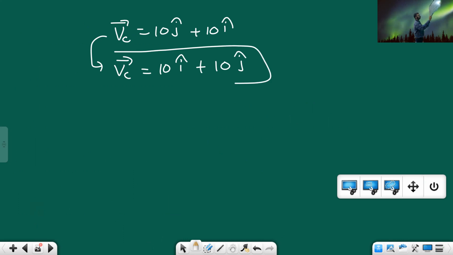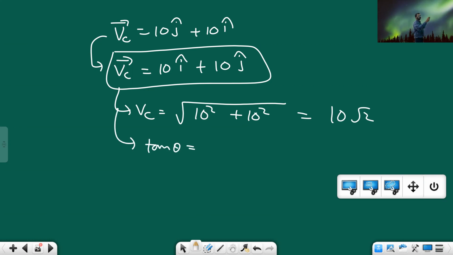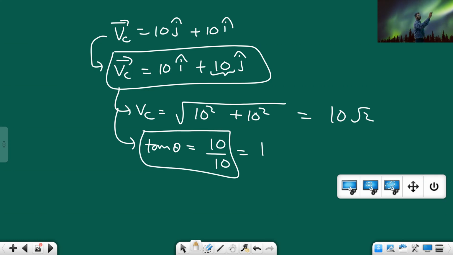From here, the magnitude we know from a two-dimensional vector is 10 square plus 10 square, which is 10 root 2. And tan theta means y component by x component, the J component by I component, which is 1.